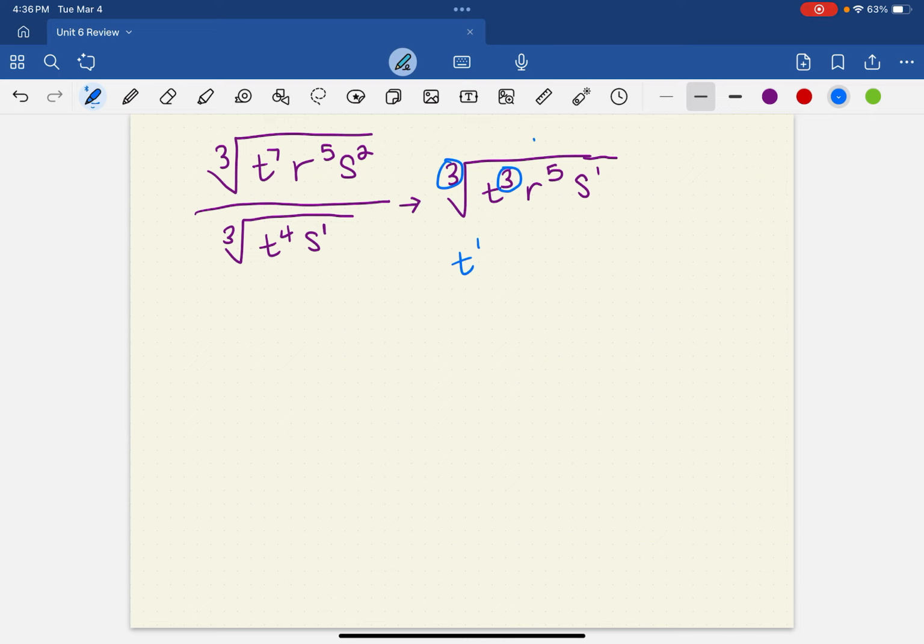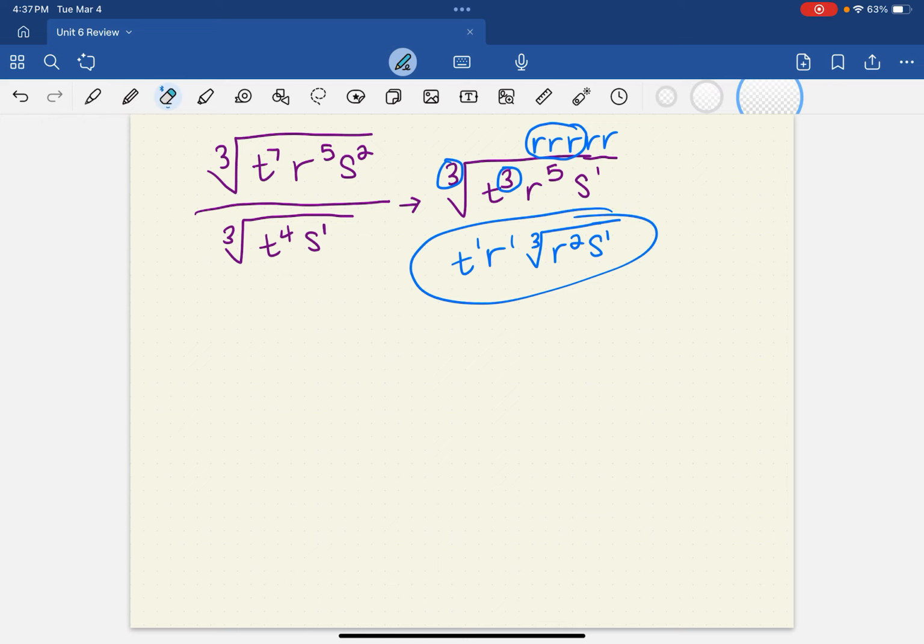However, remember, we're taking out trios, so I have one group of 3 R's to take out. So R^1, because I took out one group. How many were left inside? 2. And then S^1, 1 cannot be divided by 3. Unfortunately, that S has no extras. So cube root, and then I had R^2 S^1. Final answer.